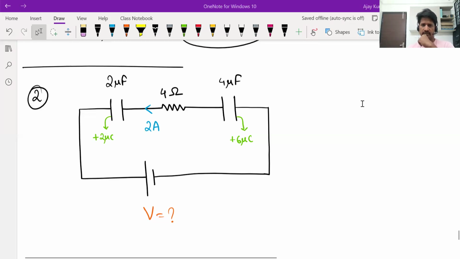Okay, I got one answer as 10.5 volts, another answer as minus 5.5 volts. We'll see.